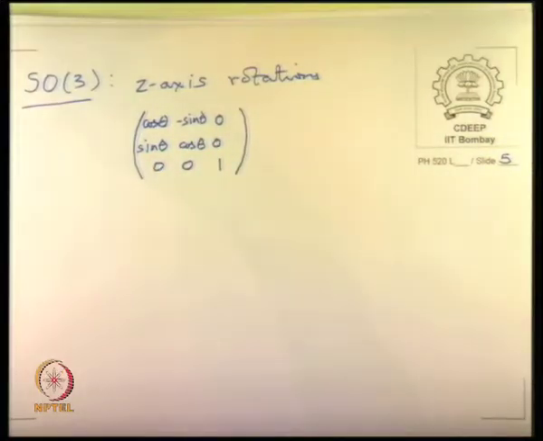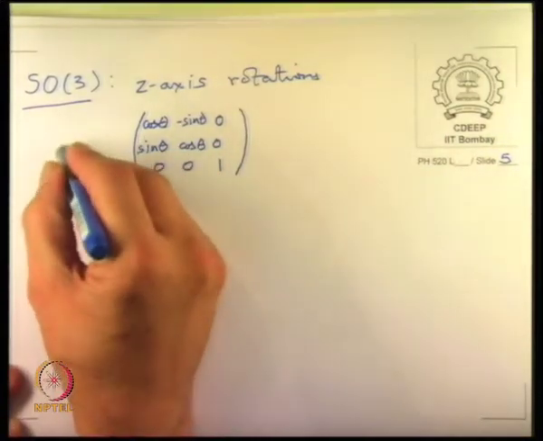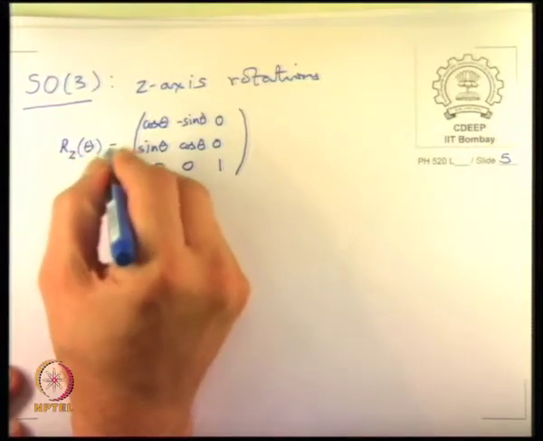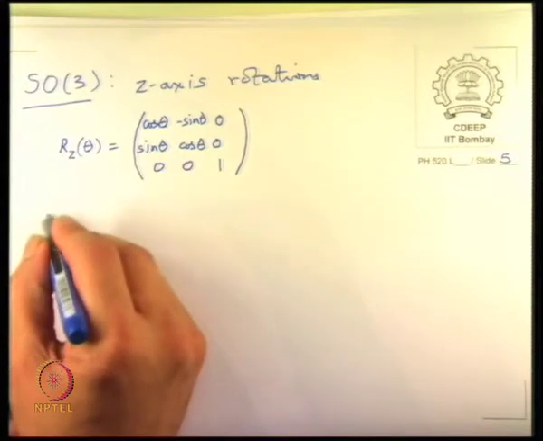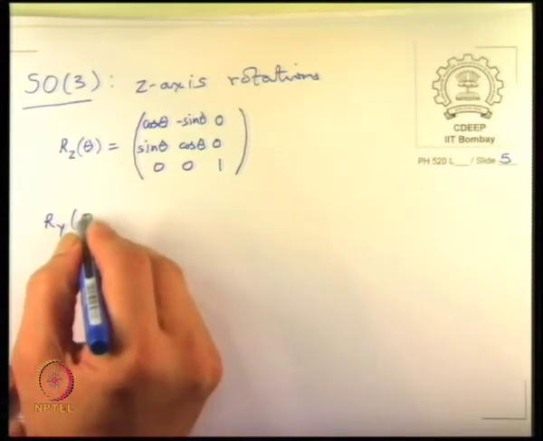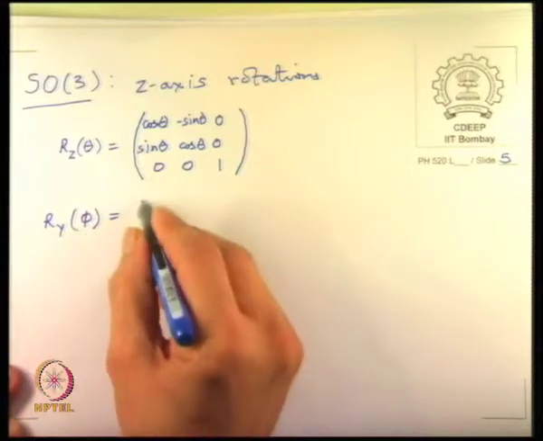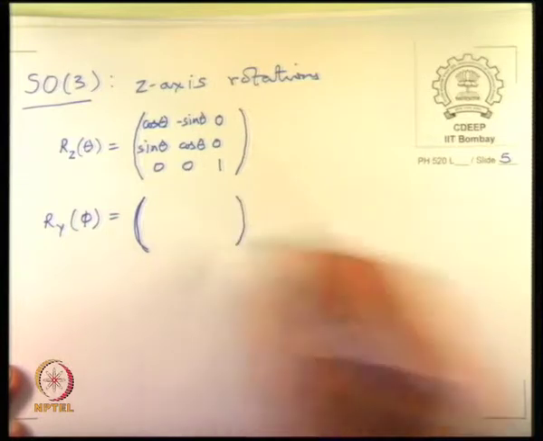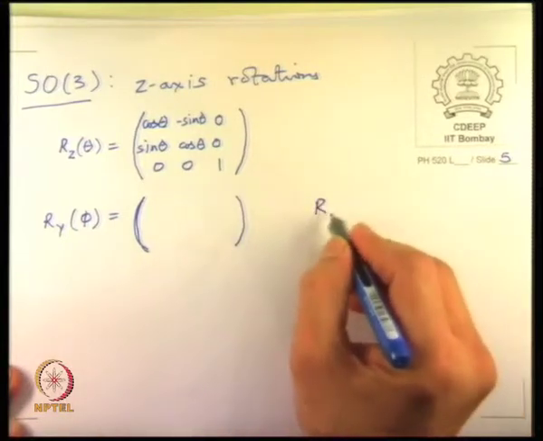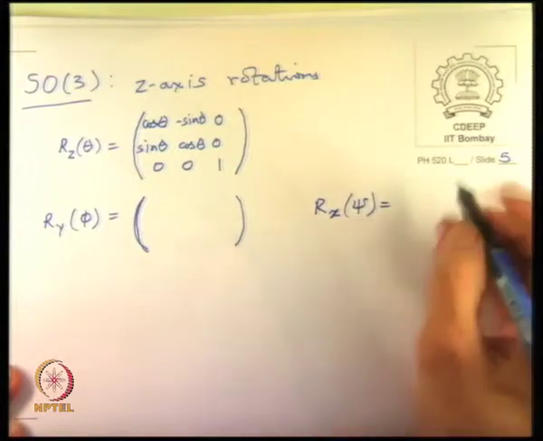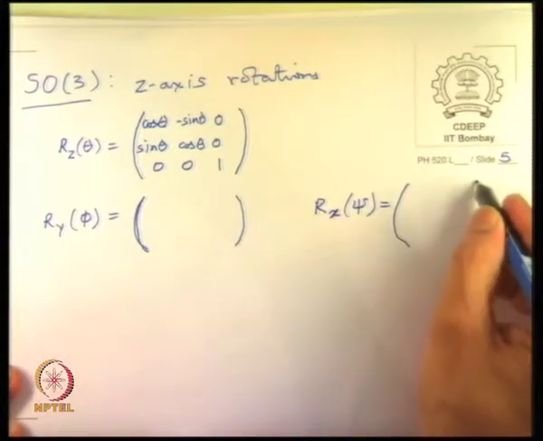And so let us call this Rz theta. We can similarly write out Ry phi and then Rx psi. This is all completely temporary notation, I mean the angles we are using.